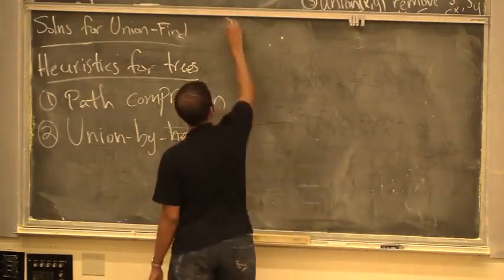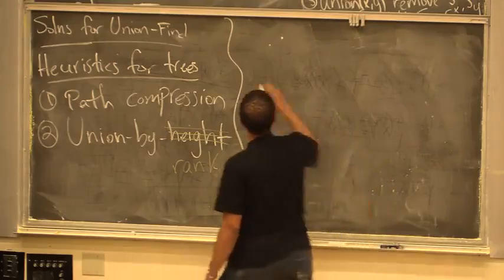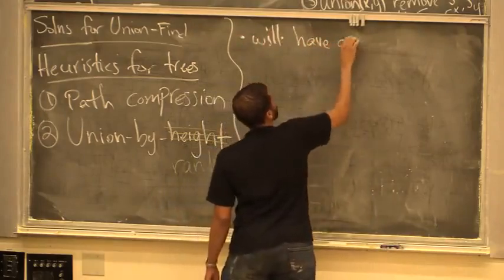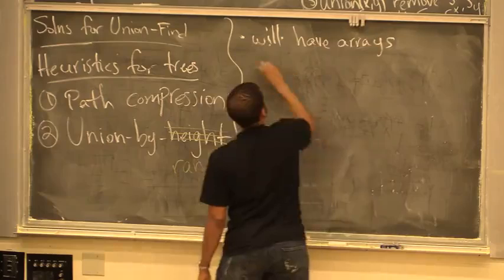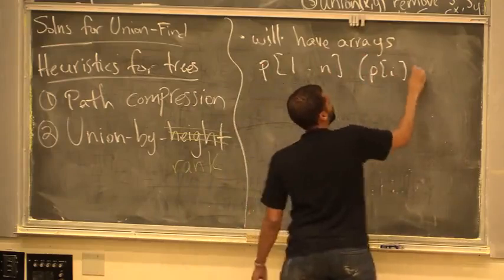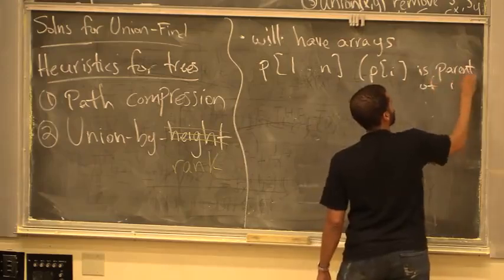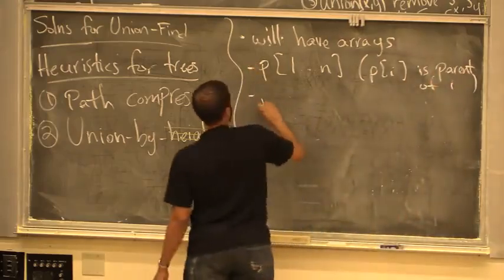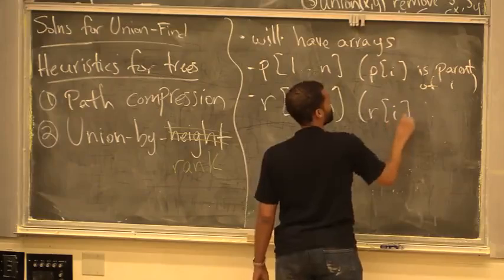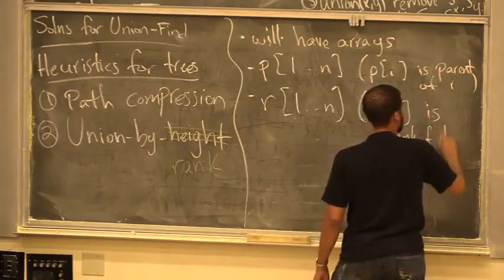We'll have arrays P[1..n], where P[i] is the parent of i, and rank[1..n], where rank[i] is the rank of item i.